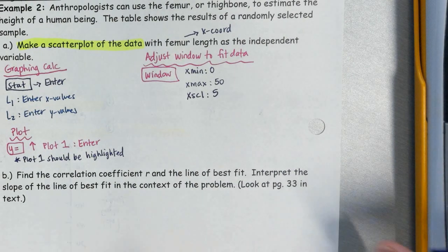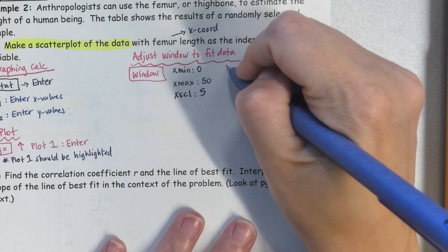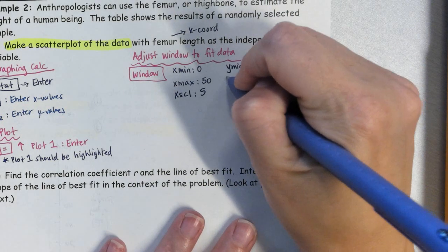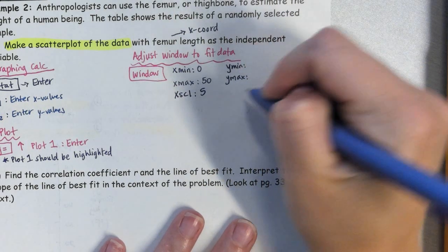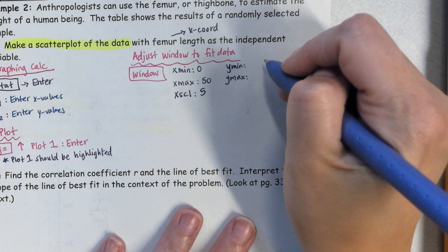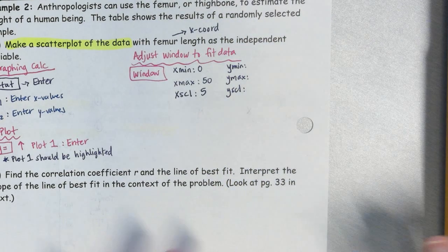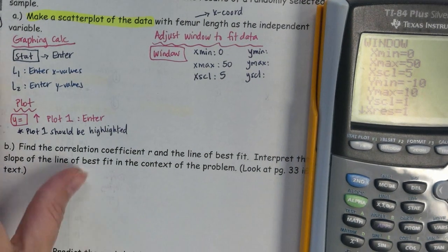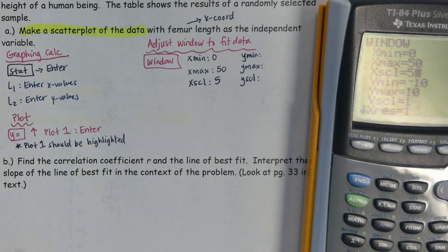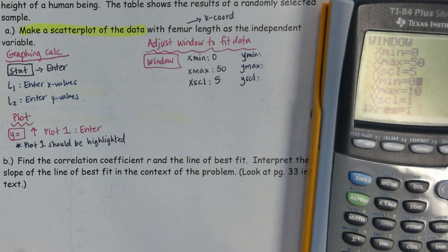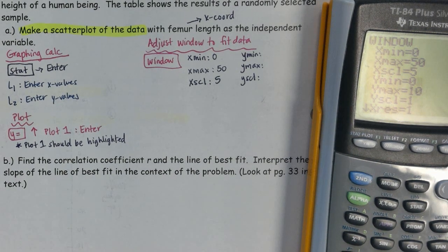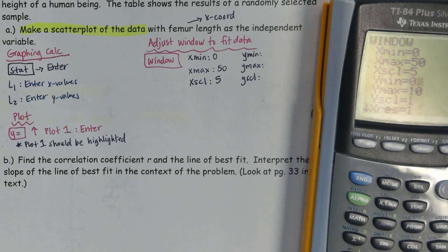And then let's think about what we want our y min and max to be. And again, I like to round up to nice numbers. Okay, as long as you have something that fits the data, I'm good. So for me, I want my minimum to be at 0 because that's the lowest possible for our data.